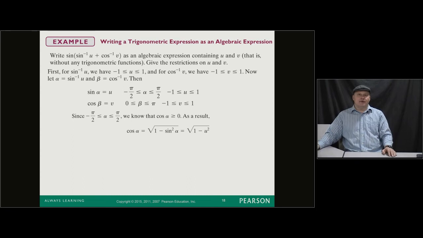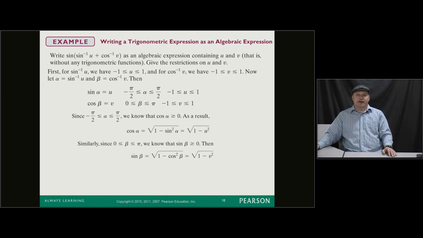Since cosine of alpha is greater than or equal to 0, cosine of alpha equals the square root of 1 minus the sine squared of alpha. So cosine of alpha is the square root of 1 minus u squared. The reason you need that is because in order to find the sine of alpha plus beta, you need both trig functions, sine and cosine, evaluated at alpha and beta.